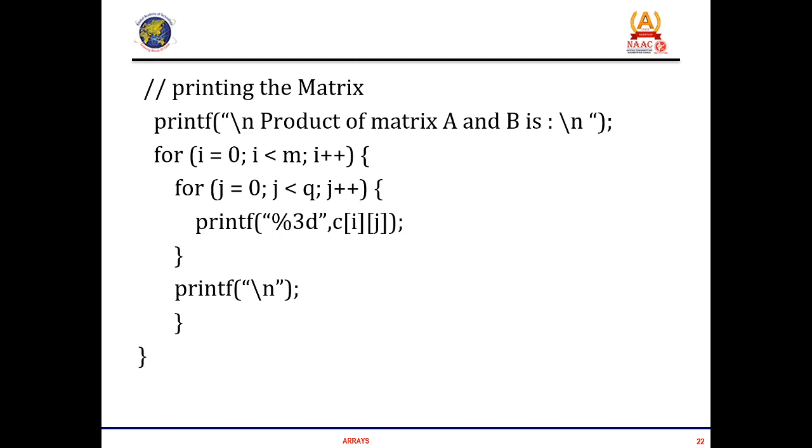The format specification I have given it as %3d. So what it does is it will just leave some space and then print the elements of the matrix. Now that is given only from the readability point of view. Now that is how you land up developing the program of matrix multiplication.